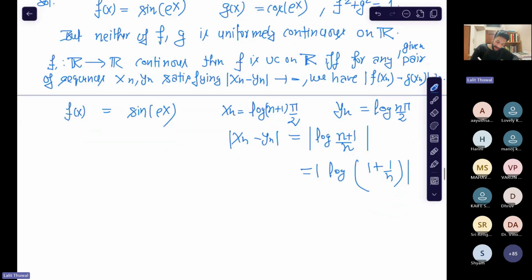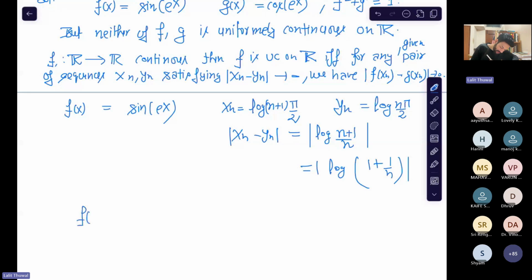Now the difference f(xn) minus f(yn) comes out to be sine. You can put the values and see that this will be sine of (n plus 1) pi by 2 minus sine n pi by 2, right?